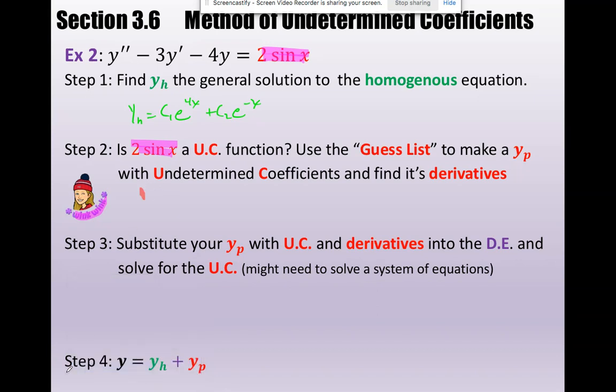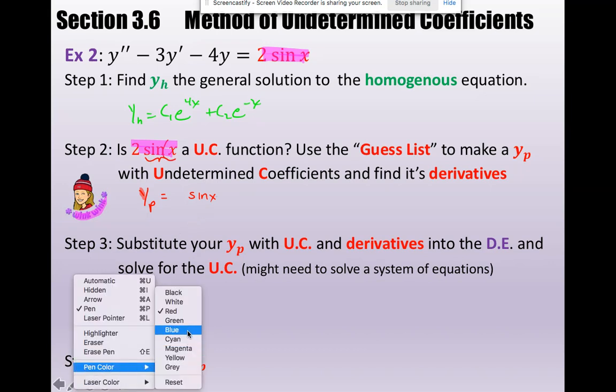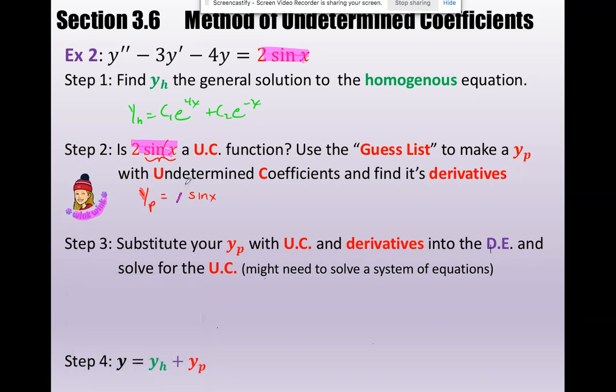So y sub p is equal to sine x. If that had been a sine 2x or a sine 3x minus 4, that's what I would have written here. But I just copy over the function and then put its undetermined coefficient.